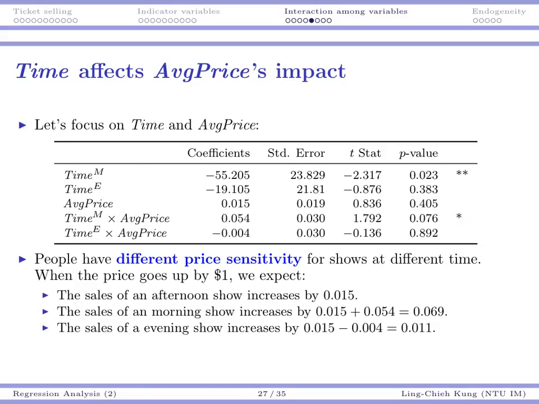We expect the price sensitivity to be significantly higher in the morning than in the afternoon. Finally, the sales of an evening show may also be affected, but the impact is smaller than in the afternoon because the coefficient here is negative. Even though it is not significant, this information is useful, at least when we do some prediction.